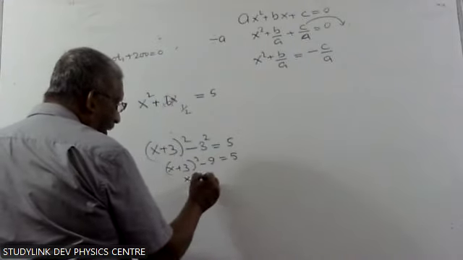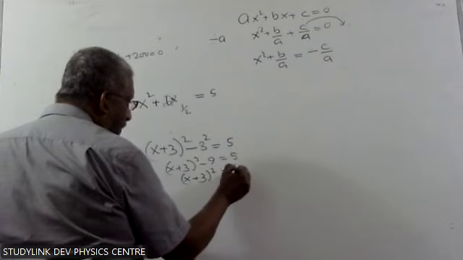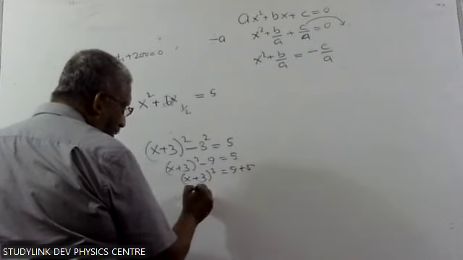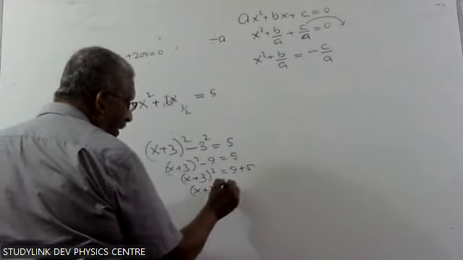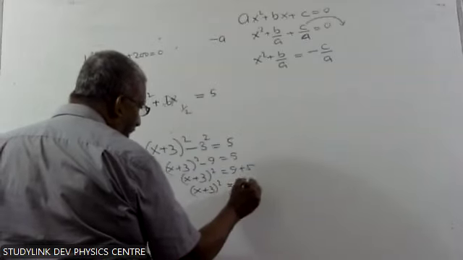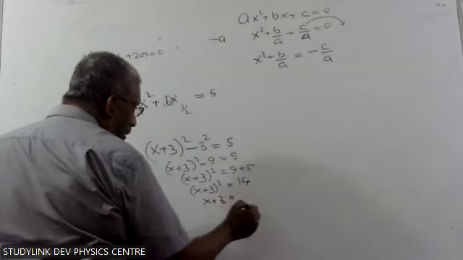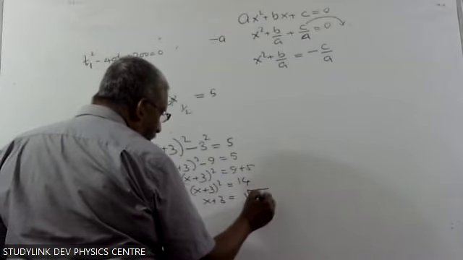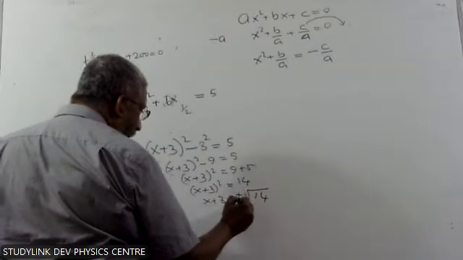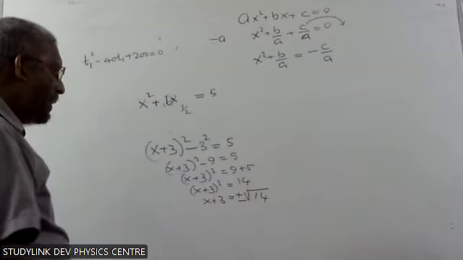Then x plus 3 whole thing squared is equal to 9 plus 5. Then x plus 3 whole thing squared is equal to 14. Then x plus 3 is equal to square root of 14. When the square root is taken, you have to write plus or minus.